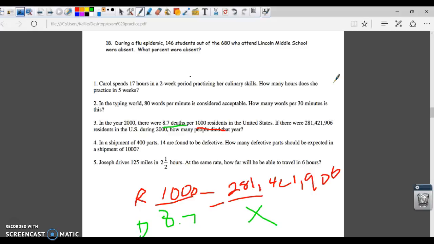Whew. Equals. Okay, and then divide that by 1,000. There's a lot of deaths. So X equals 2,448,371 deaths. Going to the next one.